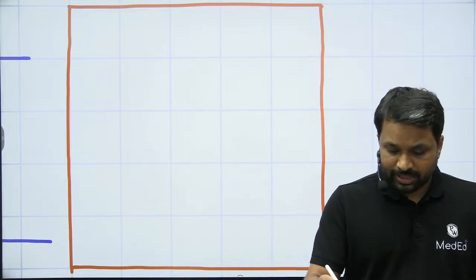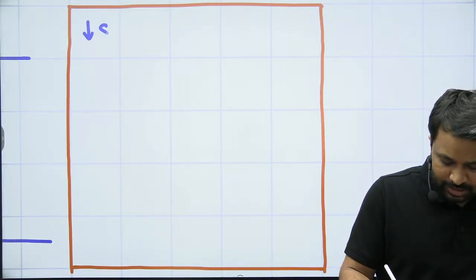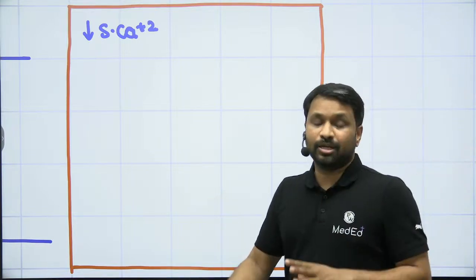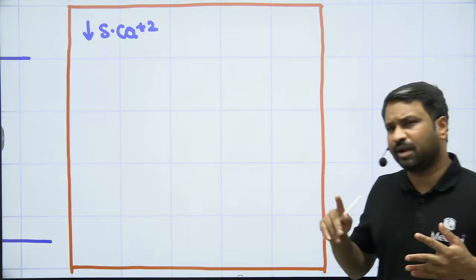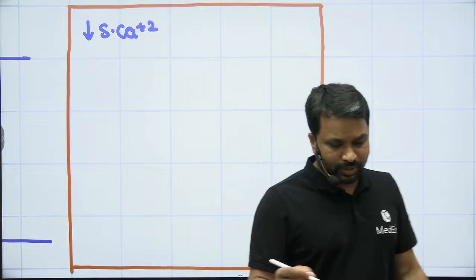Here the patient is suffering from chronic hypocalcemia, so there is a decrease in serum calcium levels. This decreased serum calcium can be because of renal failure, malabsorption, or vitamin D deficiency. Any reason, if the serum calcium is going to decrease, what is going to happen?